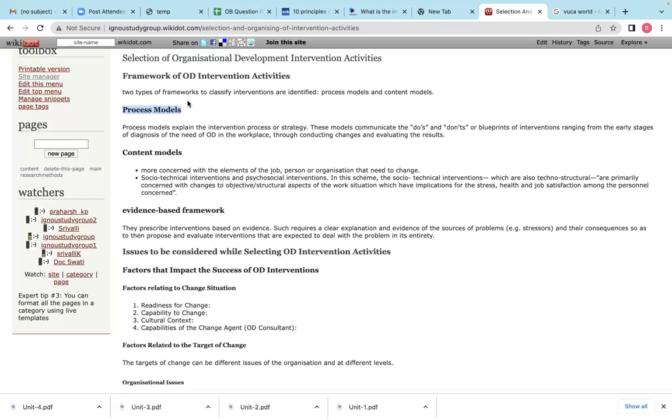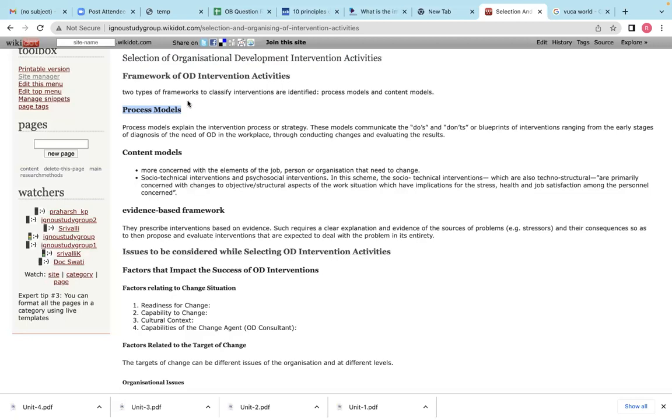The process model communicates do's and don'ts, or a blueprint of interventions ranging from the early stage of diagnosis to the last, saying do this intervention in case of this, don't do this intervention in case of this. So there is a framework which has a list of interventions that you need to do at what place, what to do, what not to do. This is the process model.